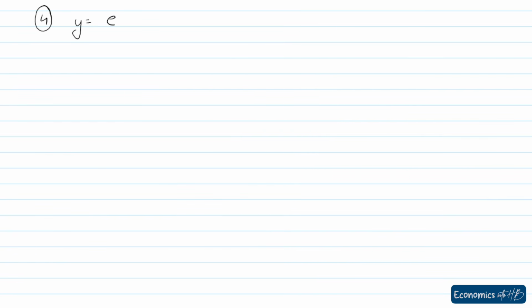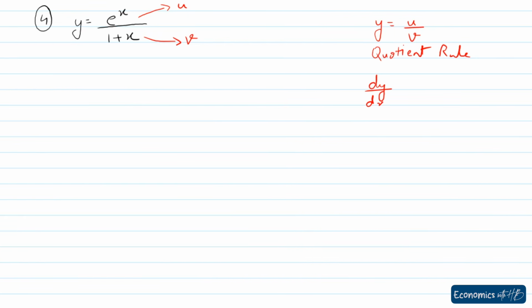y is equal to e to the power x over 1 plus x. Here if you see, it is in the form y is equal to u by v. So if you remember the quotient rule, we have dy by dx is equal to v into du by dx minus u into dv by dx and whole of this over v square.